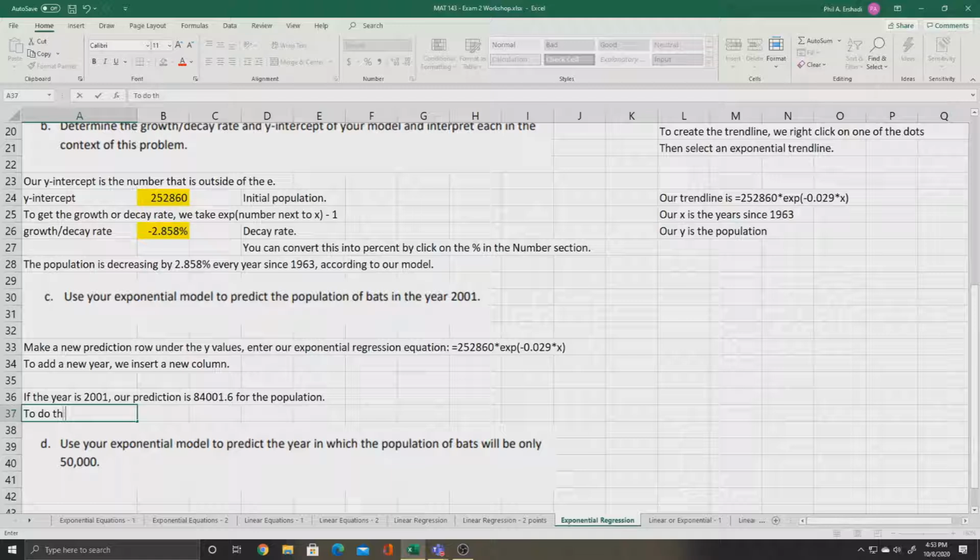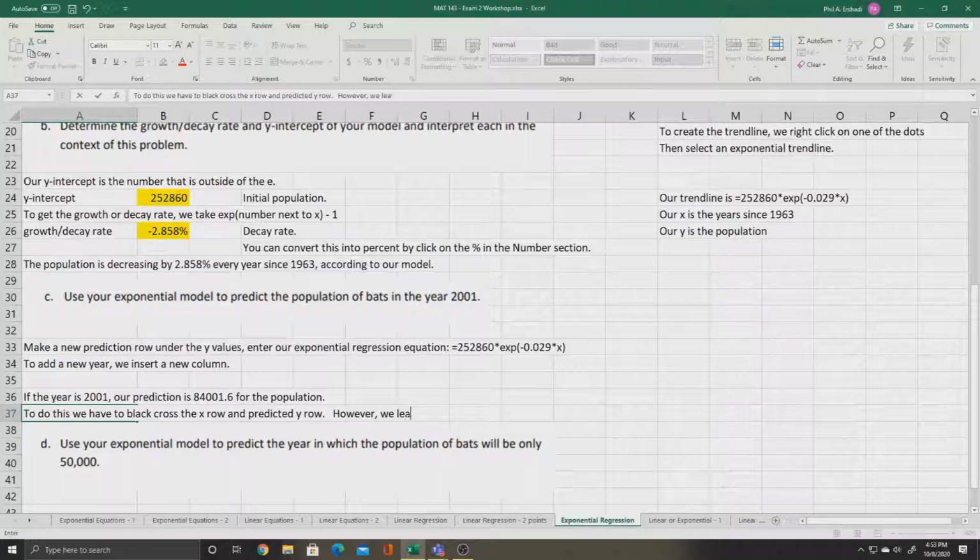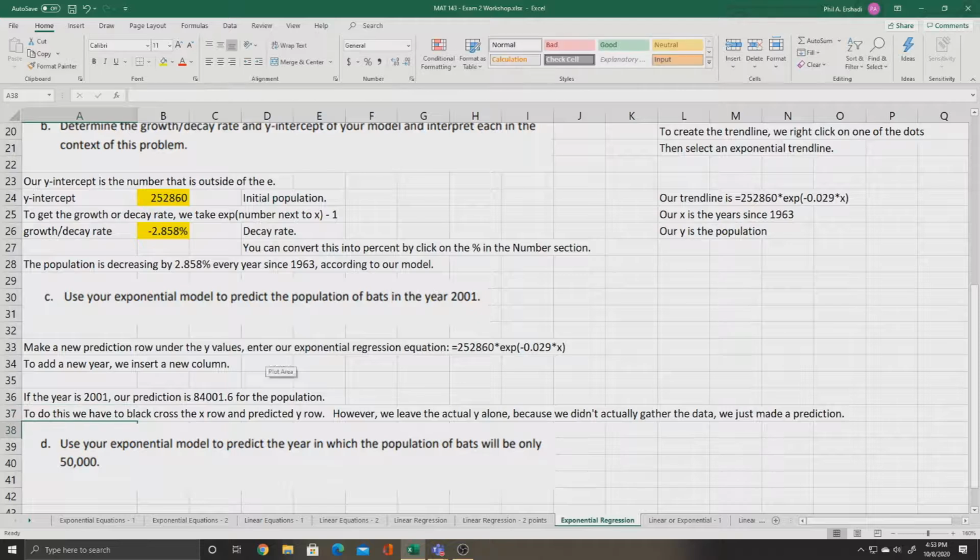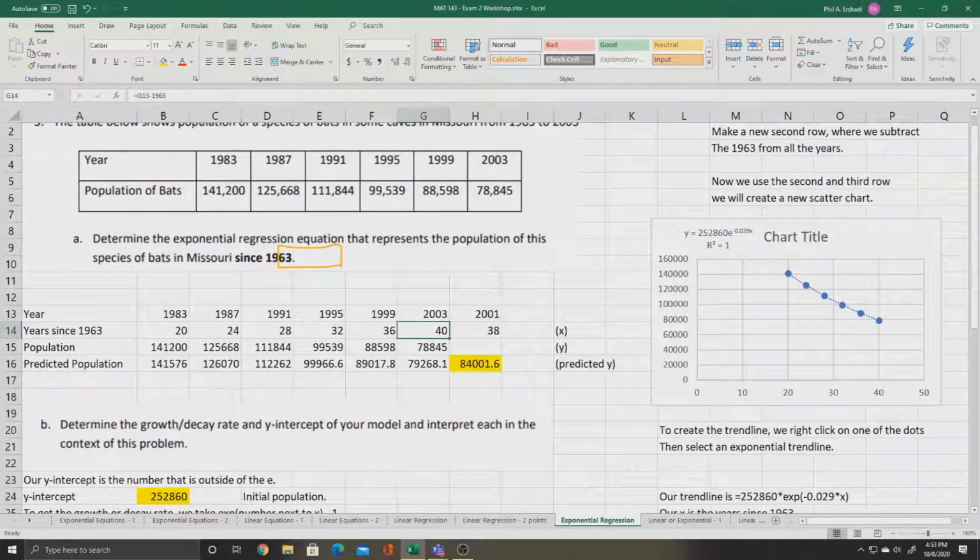Now to do this, we have to black cross the x row and the predicted y row. However, we leave the actual y alone because we didn't actually gather that data. All we're doing is making a prediction. So we took the 40, black crossed it over underneath the 2001, and then we black crossed the predicted population.